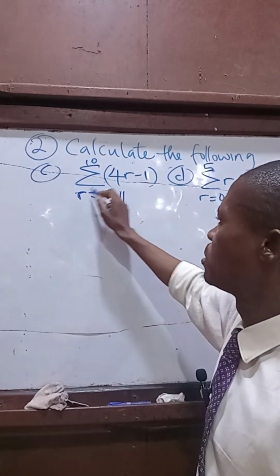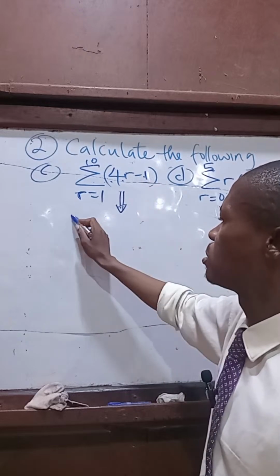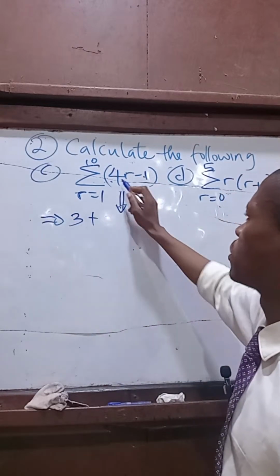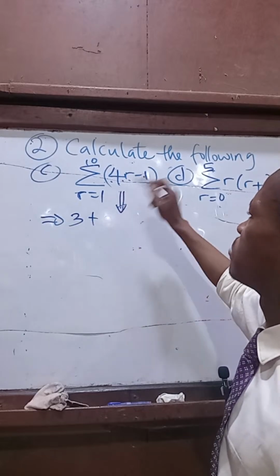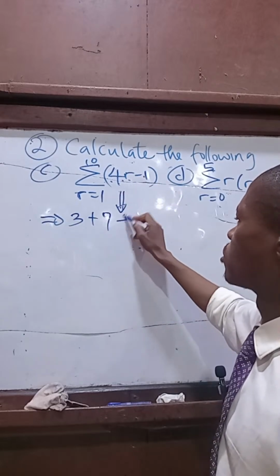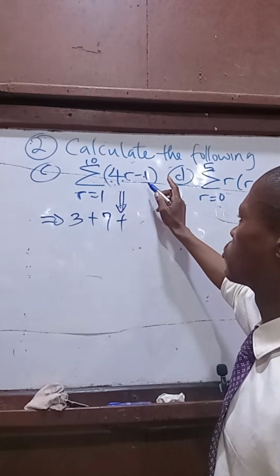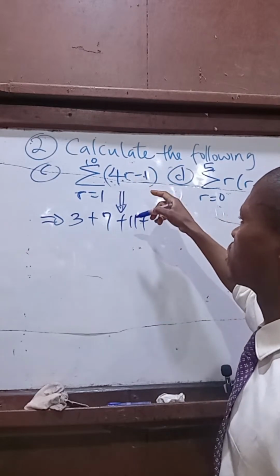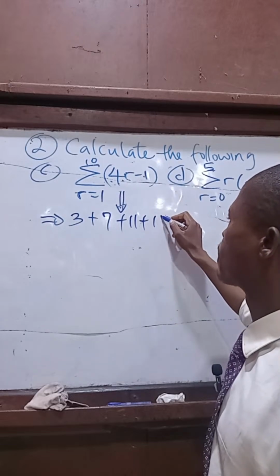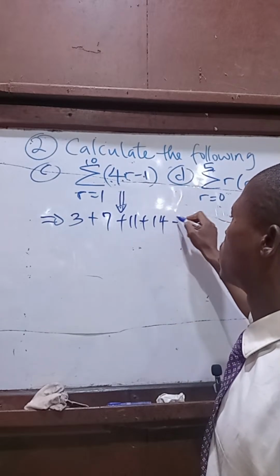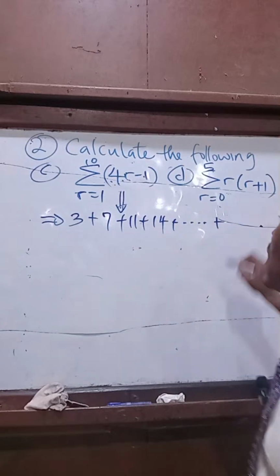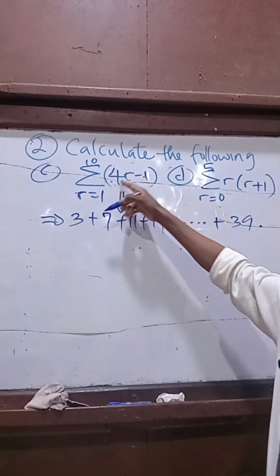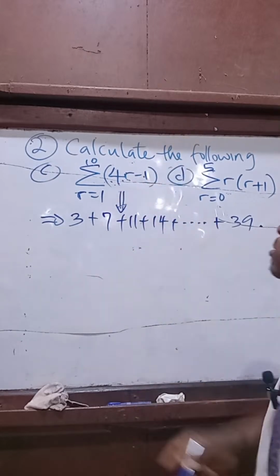I'll start from 1: 4 times 1 minus 1, that's 3, plus 4 times 2, that's 8 minus 1, that's 7, plus 4 times 3 minus 1, that's 11. It goes on like that. 4 times 4 minus 1, that's 15. It goes on until the last term, which will be 39, 4 times 10 minus 1.